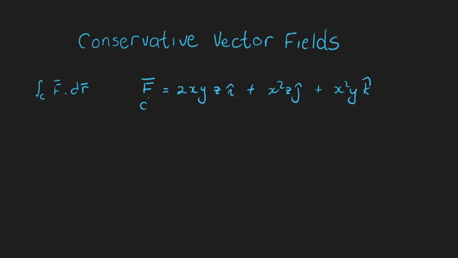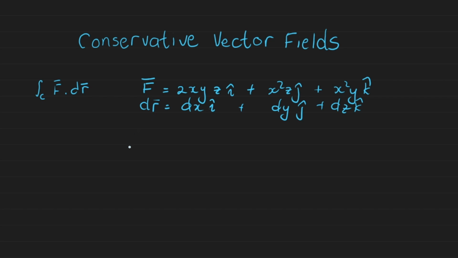So dr, as you would recall, is simply dx i plus dy j plus dz k. And in the examples that we had done previously, we saw that we can evaluate dr along some curve, and it could also be parameterized.